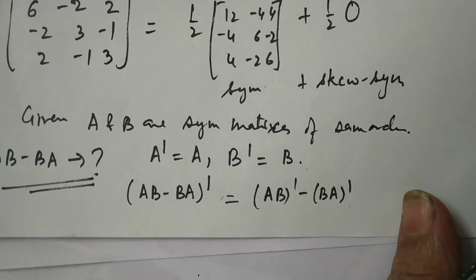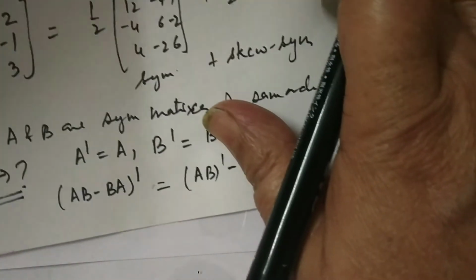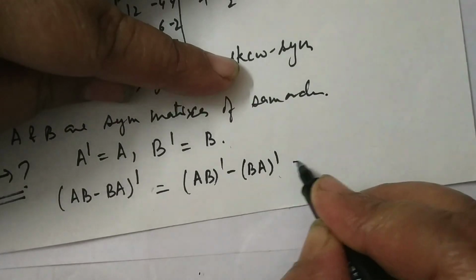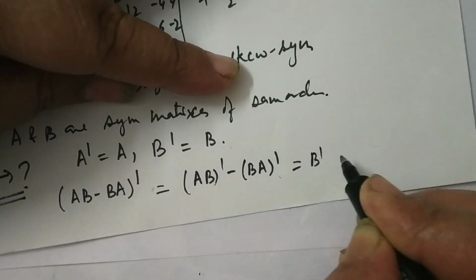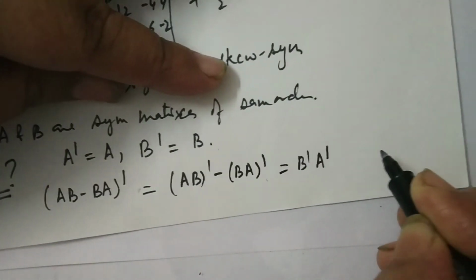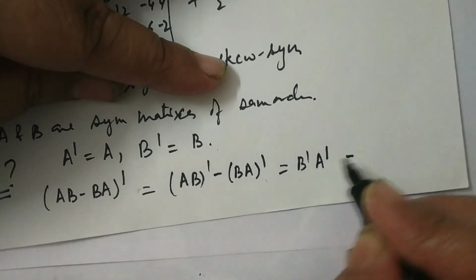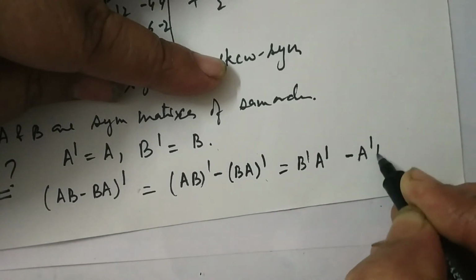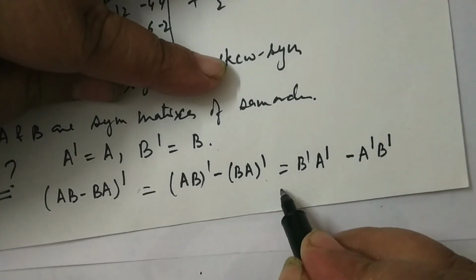And again, by the property, it can be written as B transpose A transpose minus, again using that property, A transpose B transpose.